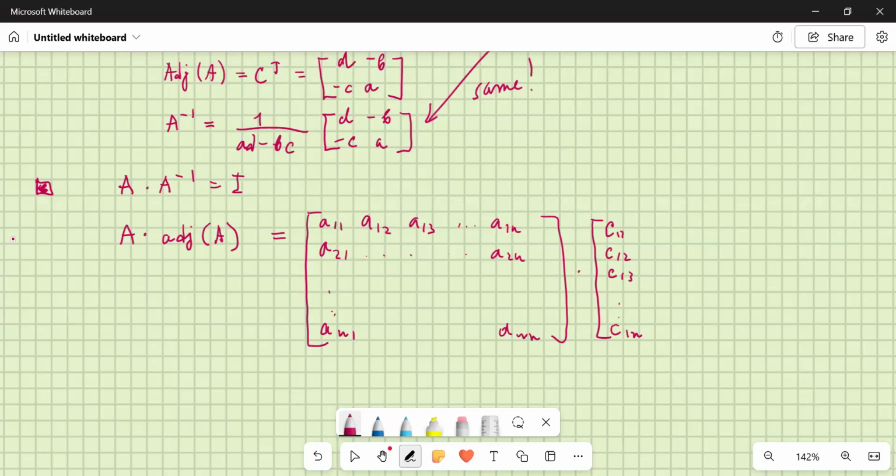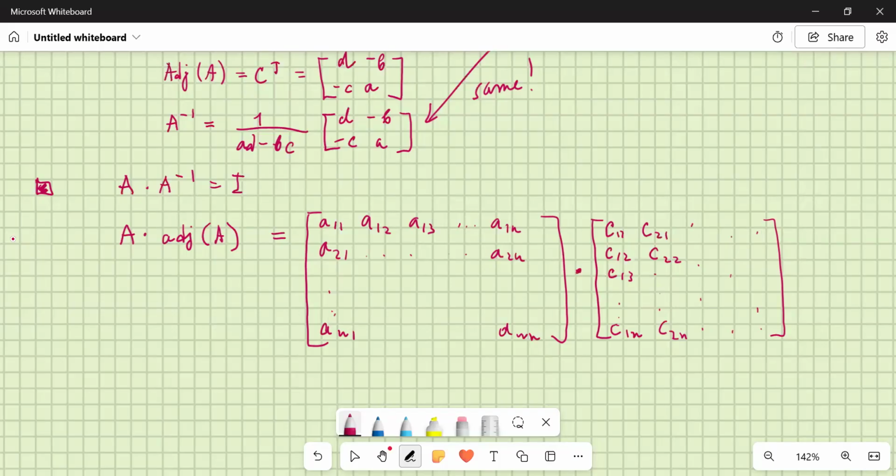Cofactors of the second row are going to become my second column, and they're going to be C21, C22, and C2n. And so on until I write all of these cofactors down. So basically, I took my matrix A, calculated these cofactors, and then I transposed it.